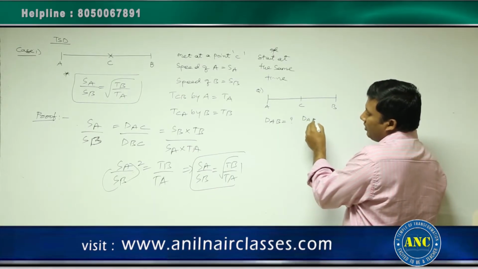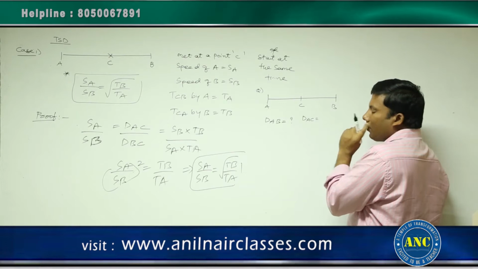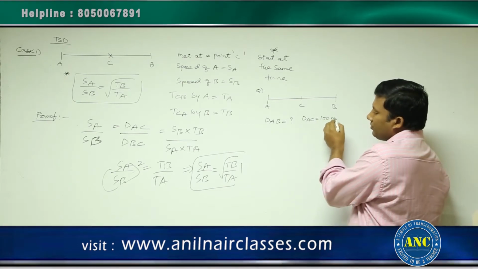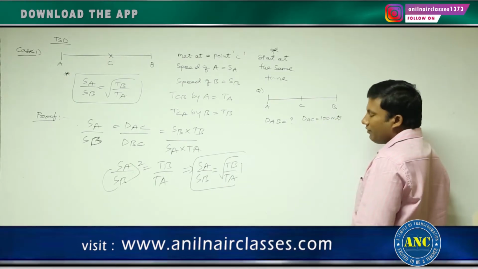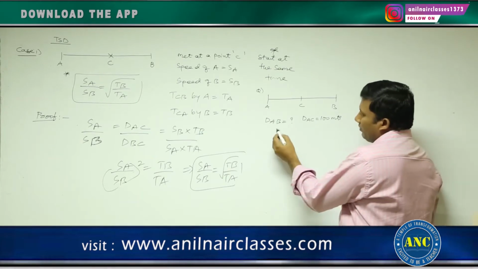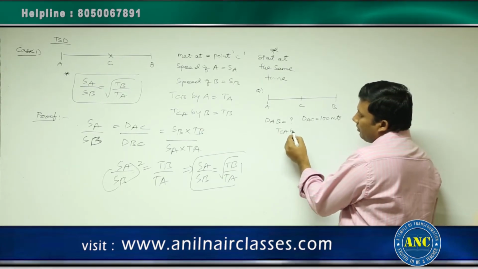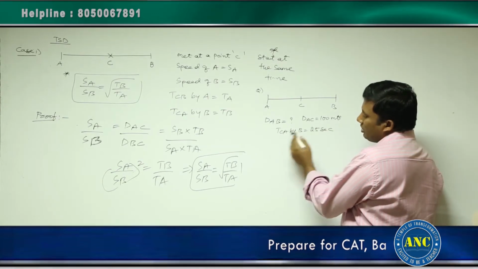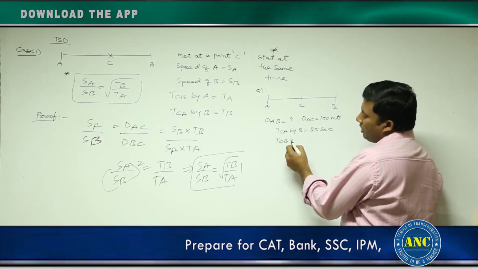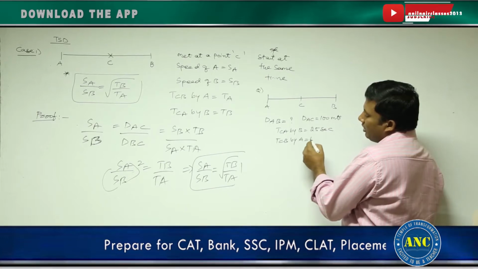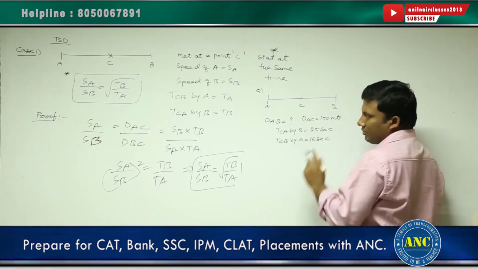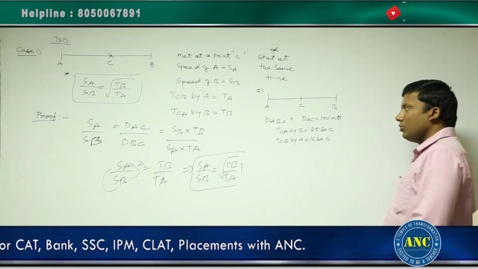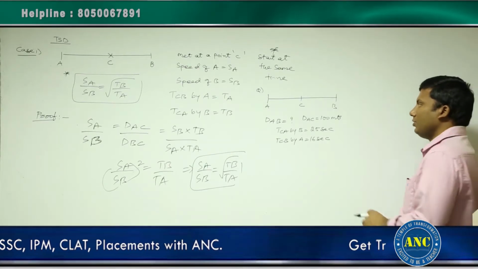If the distance from A to C is 100 meters, and if the time taken from C to A by B is 25 seconds, and the time taken from C to B by A is 16 seconds.